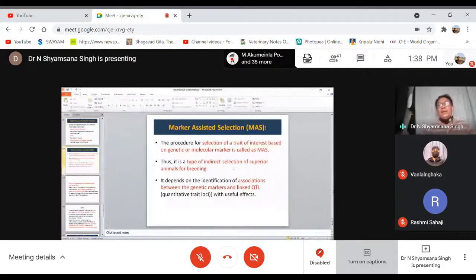We are selecting the superior individual in an indirect way by targeting the DNA segment, presence or absence. Then it depends on the identification of association between the genetic markers and the linked QTL. So you should know the full form of QTL. QTL means quantitative trait loci. So these things are required for marker assisted selection.